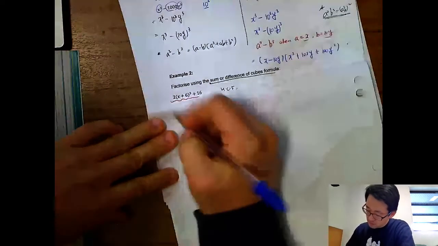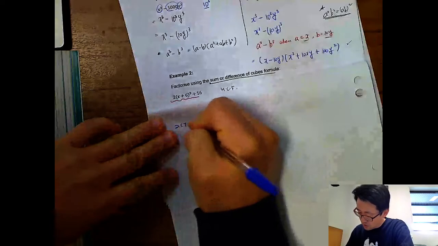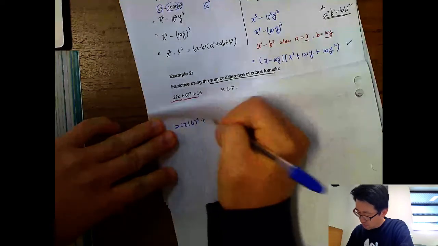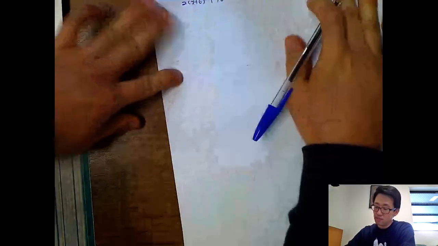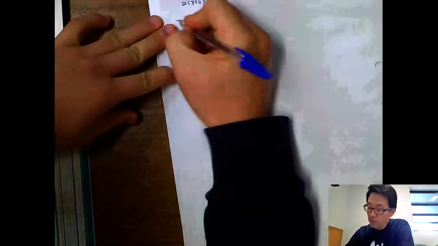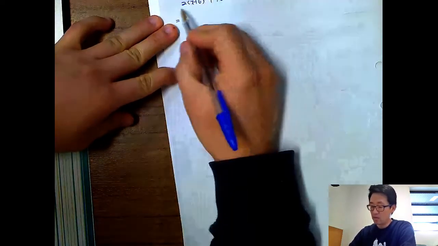So next question: 2x plus 6 cubed plus 16. Okay. Before we do it, always look.